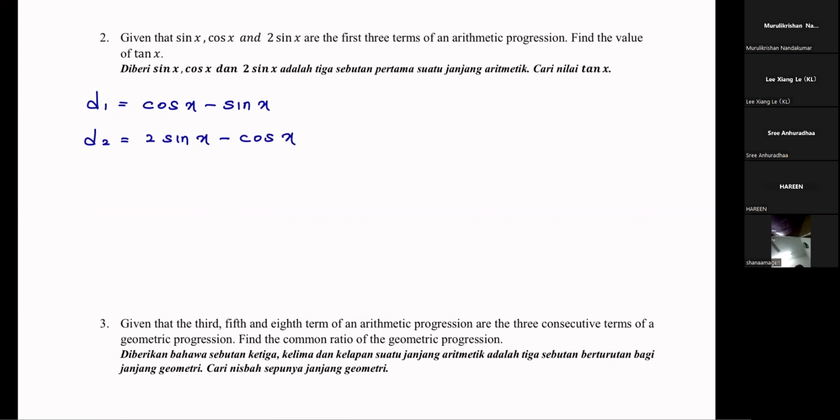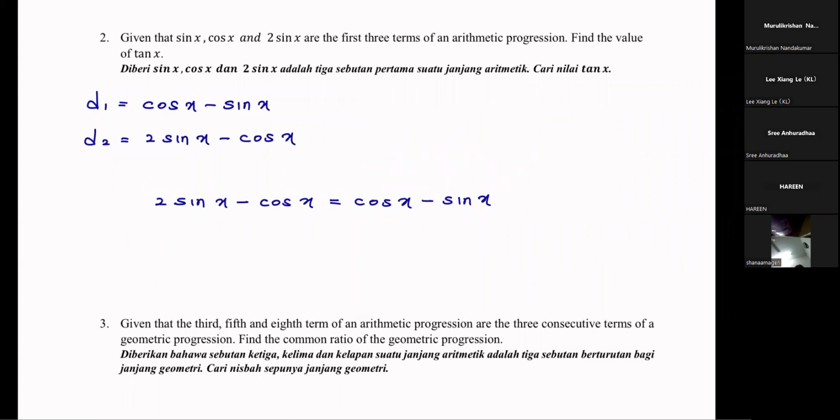So 2 sine x minus cos x equals to cos x minus sine x. Faham tak kelas? Dua-dua D sama kan? So sine and cos bawa satu tempat.